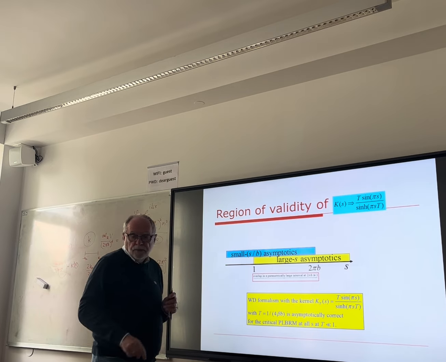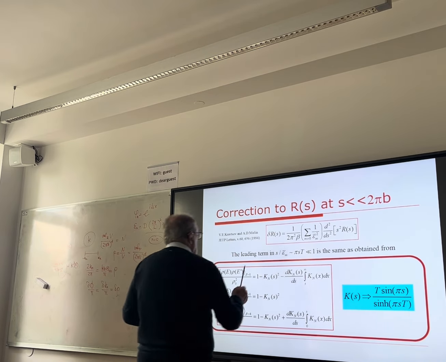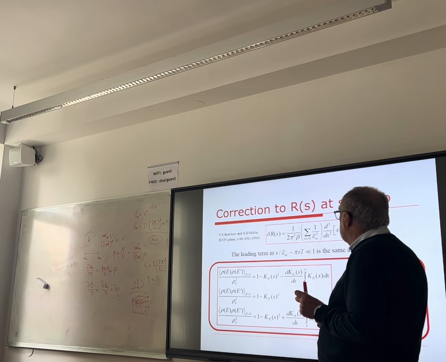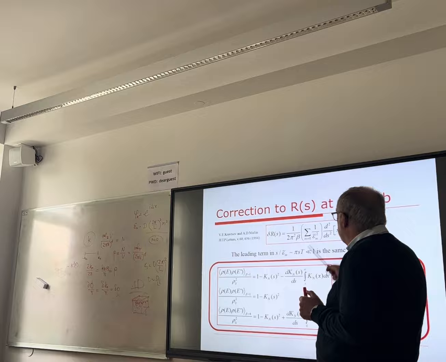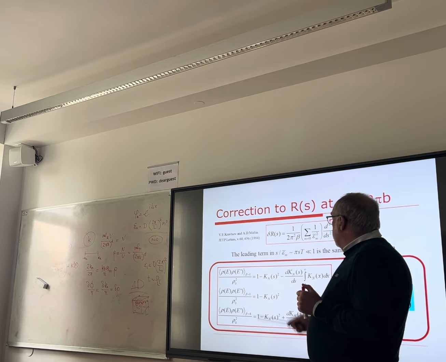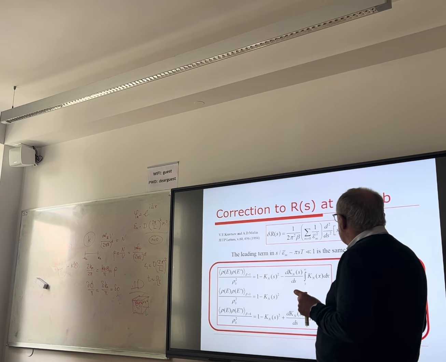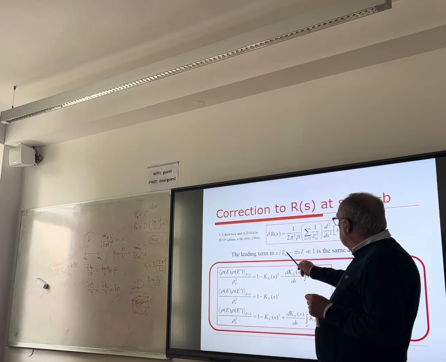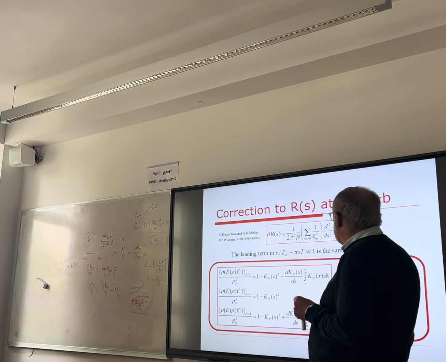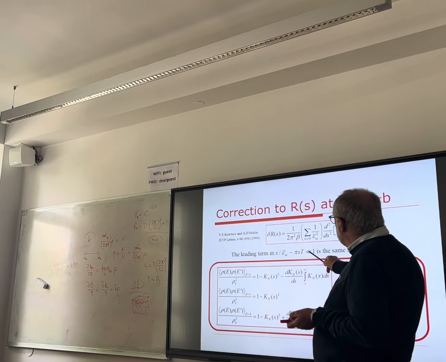What about small s? And it appears, so in 1994, together with Sasha Milin, we did the work which also follows from the sigma model, and we found the correction to the density correlation function, which is okay, where s times this spectrum, which is pi st, is smaller than 1.